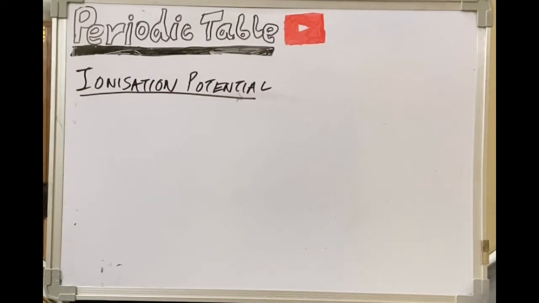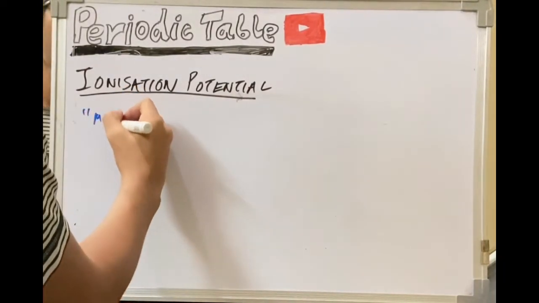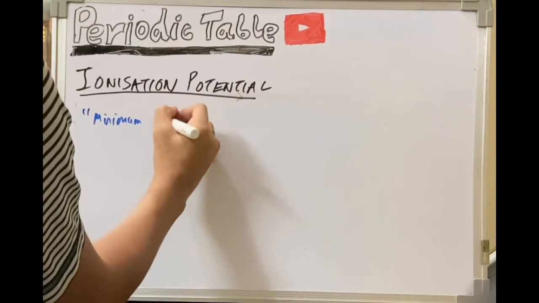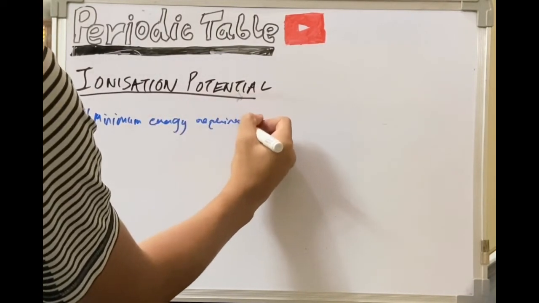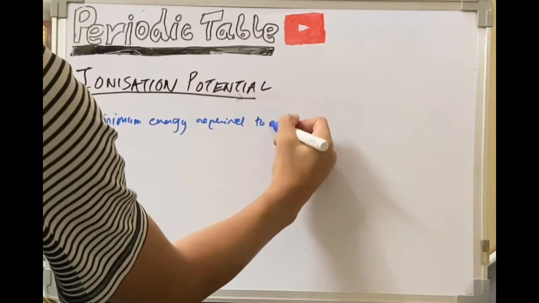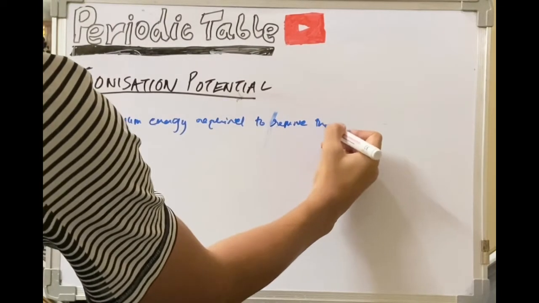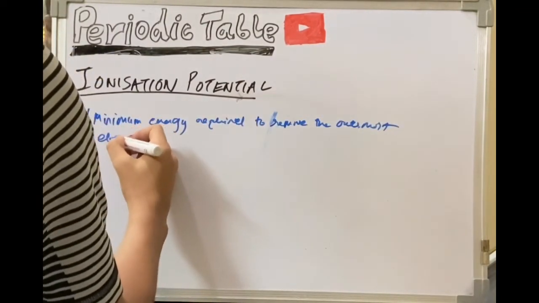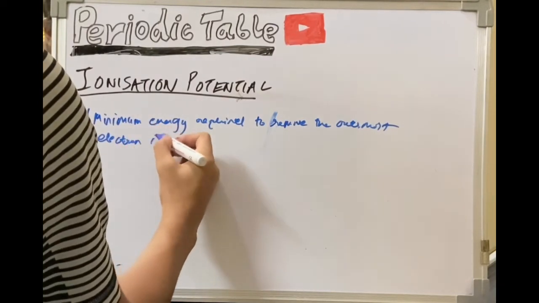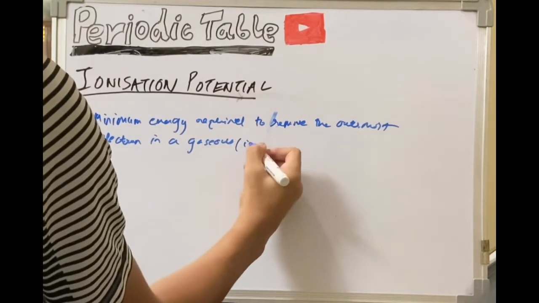Ionization potential is nothing but the minimum energy required to remove the outermost electron in an isolated gaseous atom.